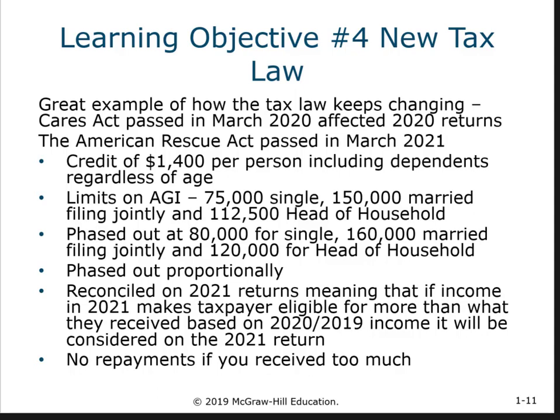There was a CARES Act passed right as the pandemic started that gave credits to people for 2020. That all worked out in the 2020 tax return. There was a follow-up law in March of 2021 called the American Rescue Act that provided a credit of $1,400 per person, including any dependents, regardless of their age.